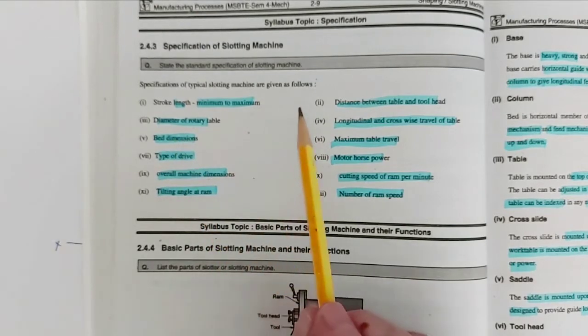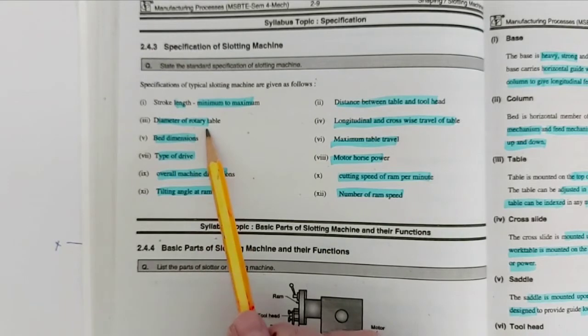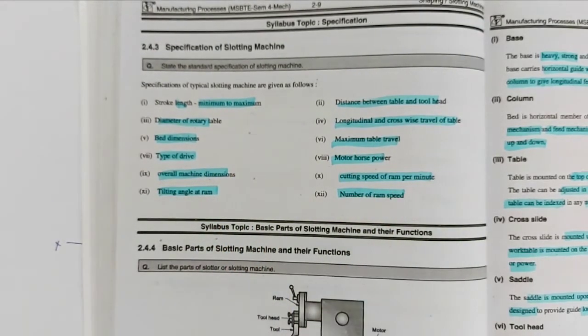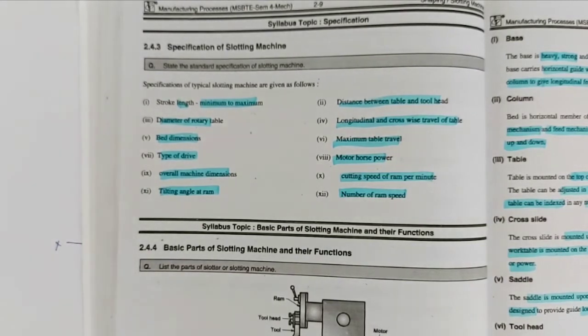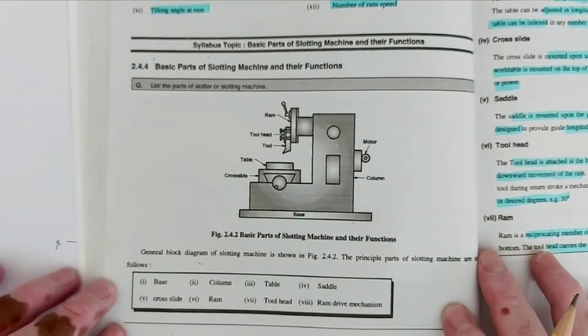Means slotter can be specified according to the distance between table and tool head, diameter of rotary table, longitudinal and crosswise travel of table, bed dimensions, maximum table travel, types of drive, motor horsepower, overall machine dimensions, cutting speed of ram per minute, tilting angle of ram, number of ram speeds. So these are the basic parts or main parts of slotter.